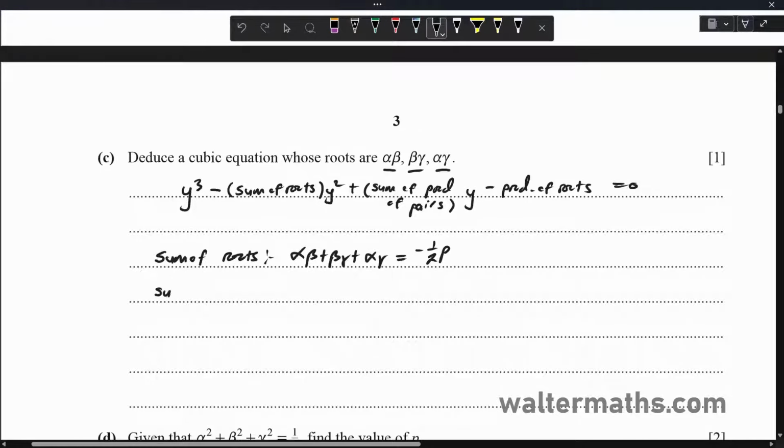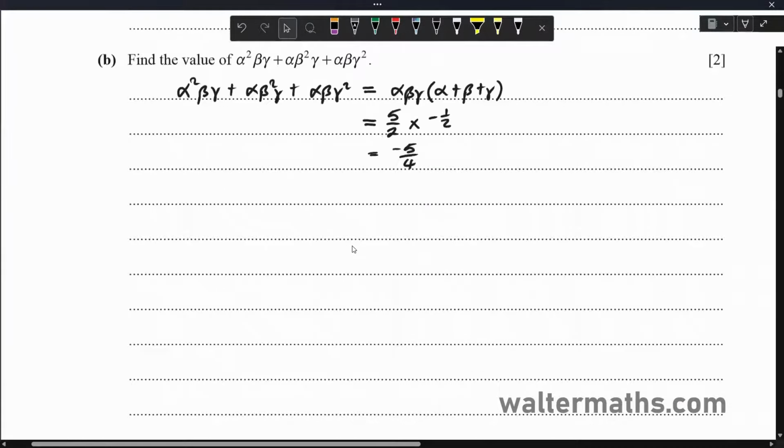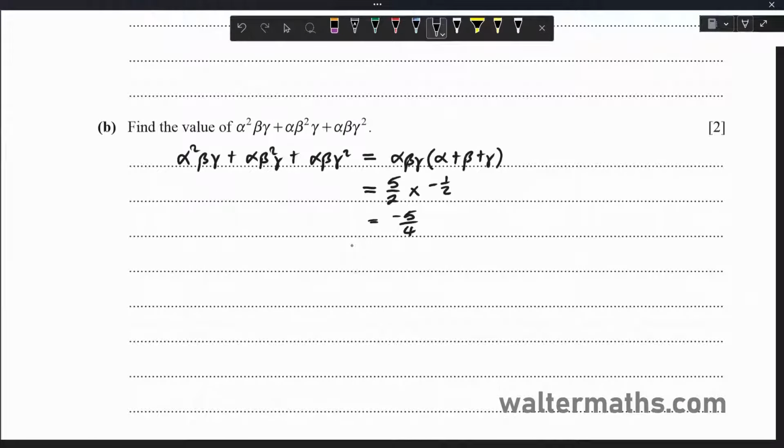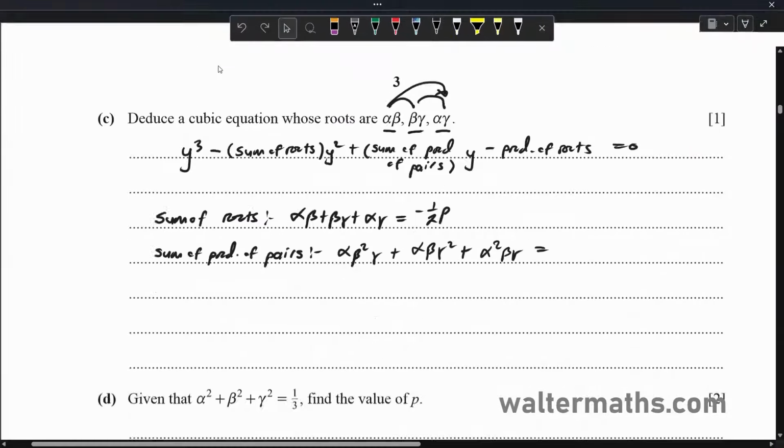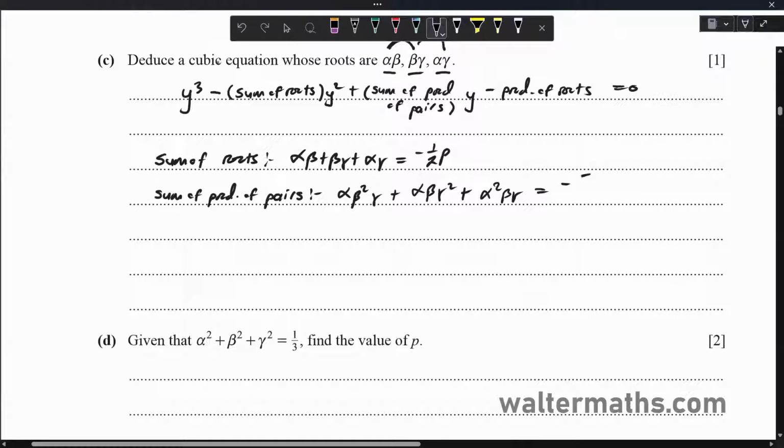The sum of product of pairs should be these two, that's alpha beta squared gamma, plus these two, that's alpha beta gamma squared, plus these two, that's alpha squared beta gamma. And we have found that on part B, and we got it to be minus 5 over 4.